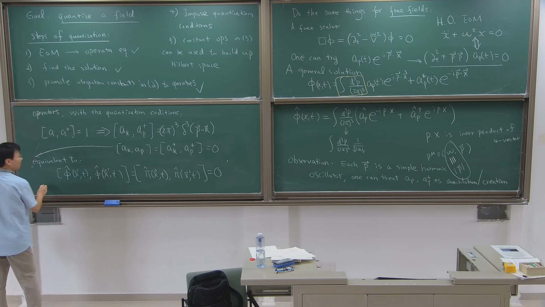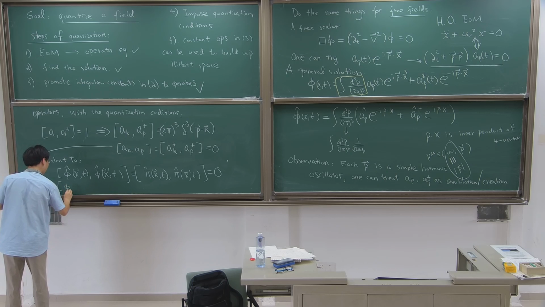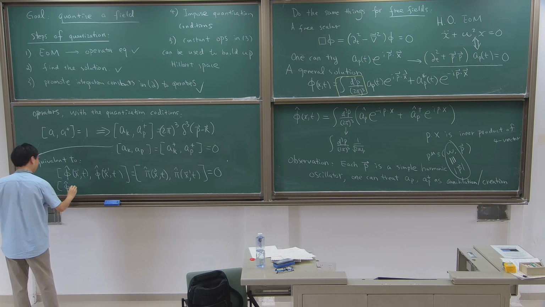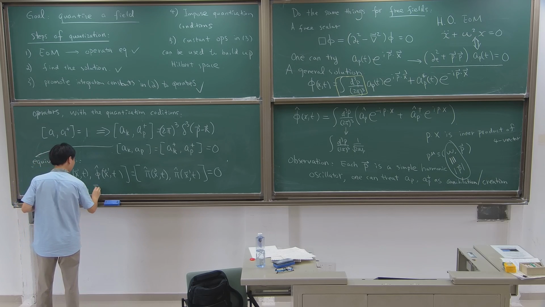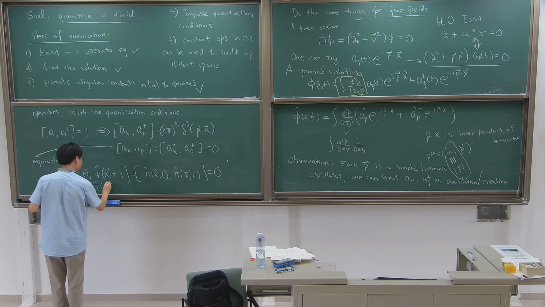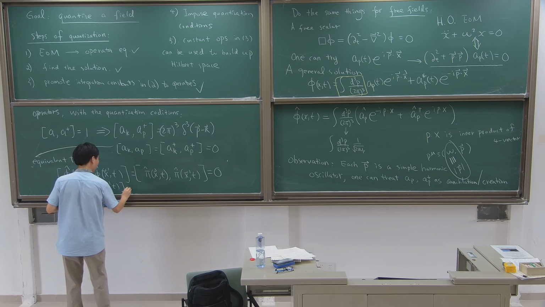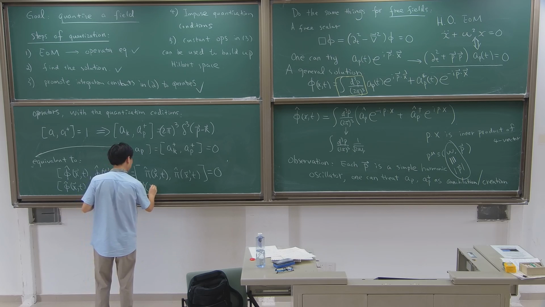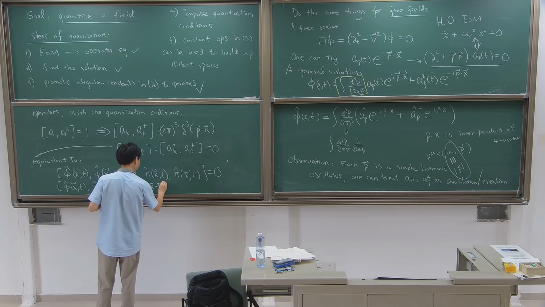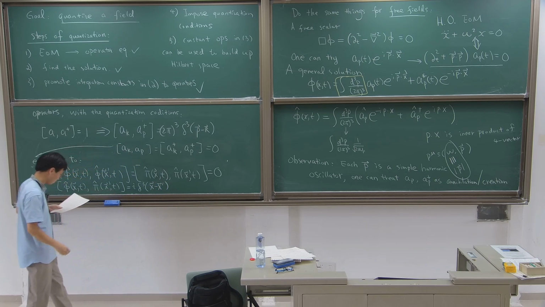Now, the only non-trivial commutation relation in terms of phi and pi will be this one, equal to i delta(x minus y). Okay?